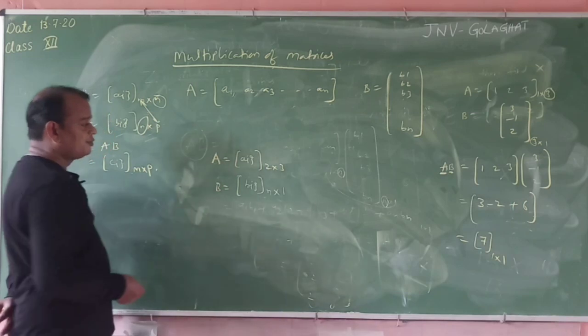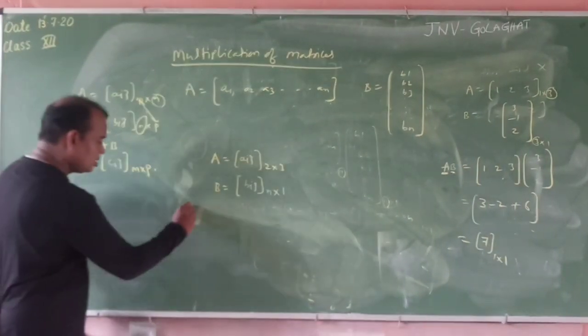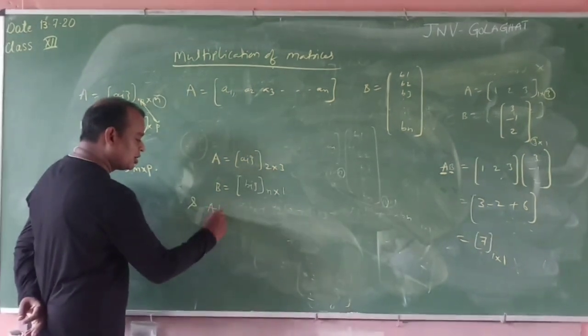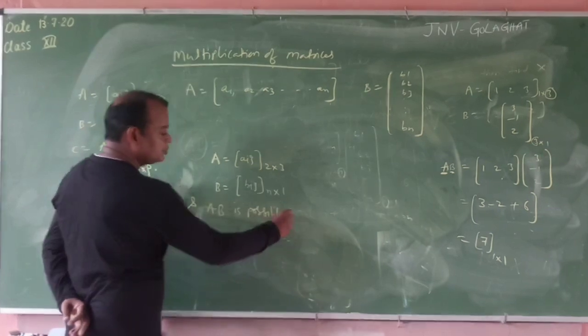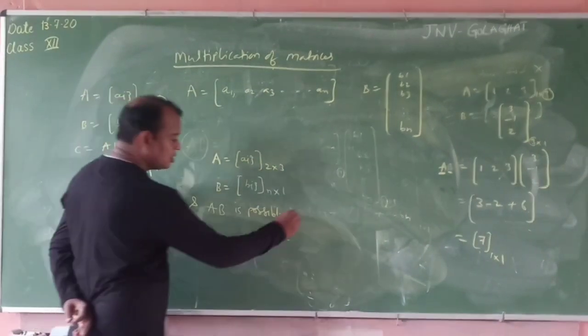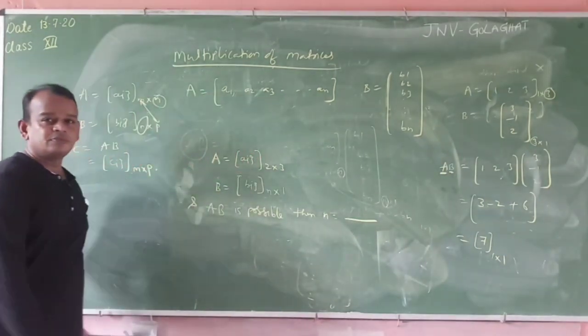A is of order 2 by 3, B is of order n by 2, and the product AB is possible. Then n is equal to what? Think once: n is equal to what?